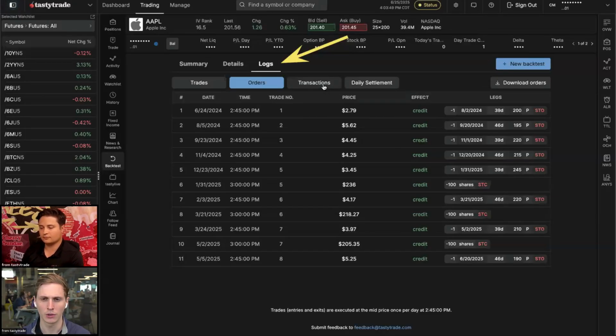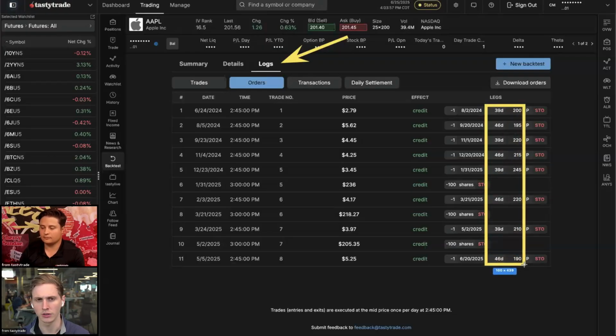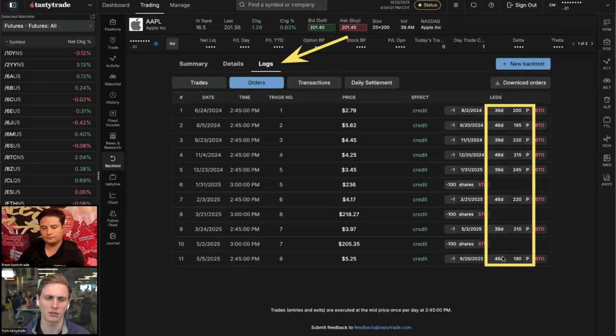And one thing too is that if you're ever curious, like, hey, what strike price is it actually selecting and what expiration, in the orders section here, you're going to be able to see, okay, the trade's placing 46 days until expiration, 39 days until expiration, 220, 210. Again, the price of Apple's moving around, so it's all relative.